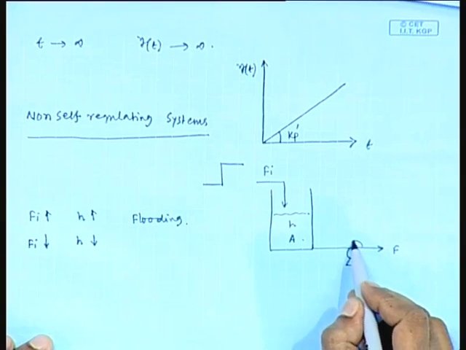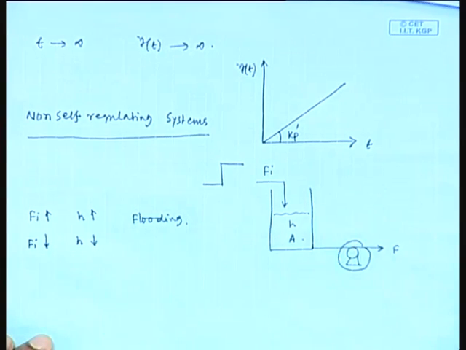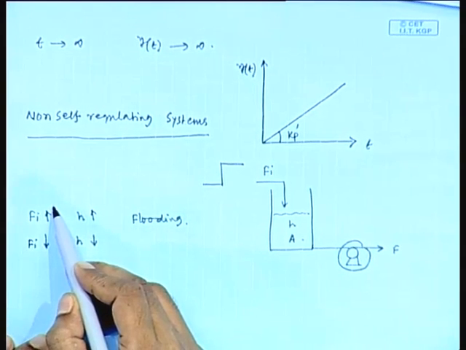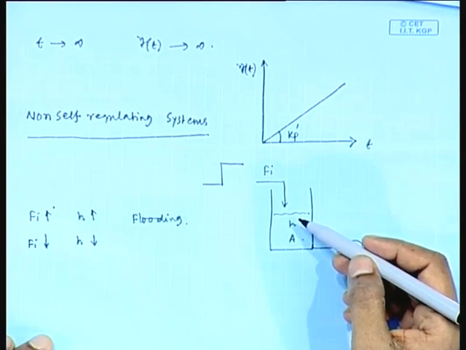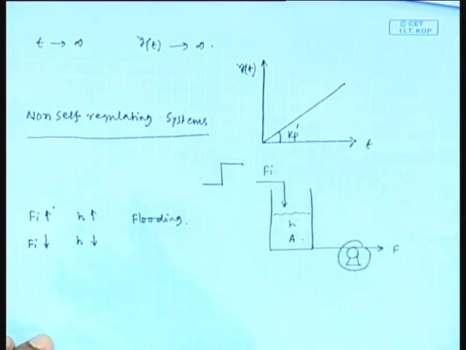Fine. If there is no pump, with the increase of Fi, the height increases instantly, then hydrostatic pressure increases, which in turn increases the outflow rate and equilibrium is established. That is basically the new steady state.